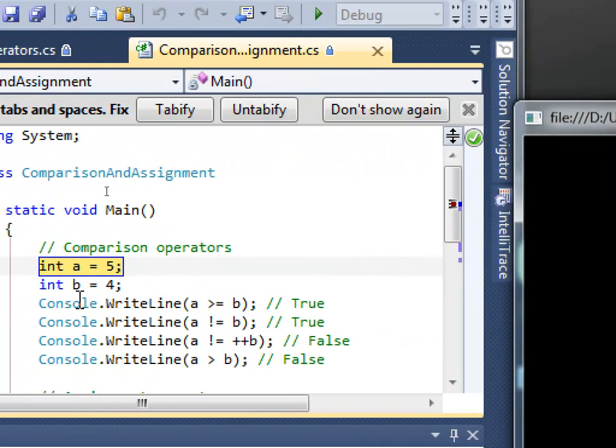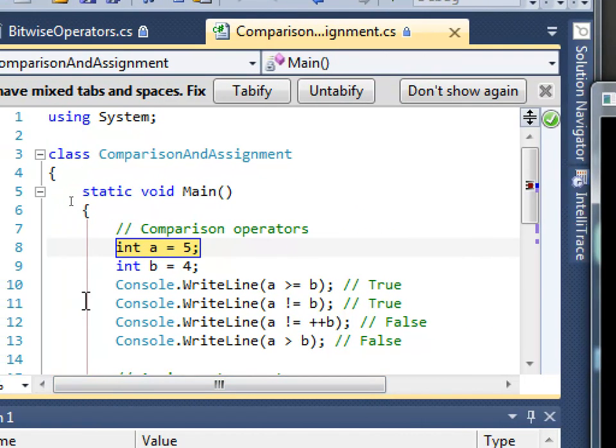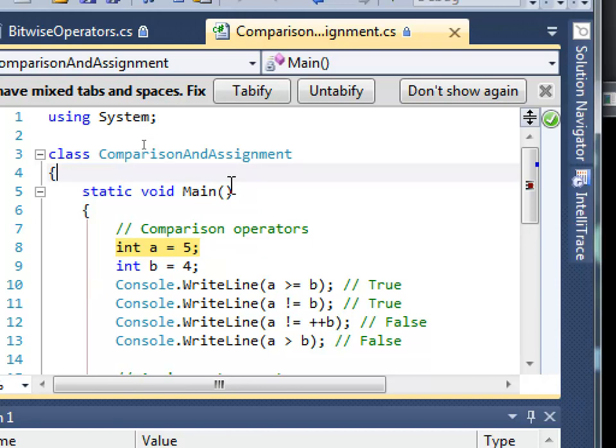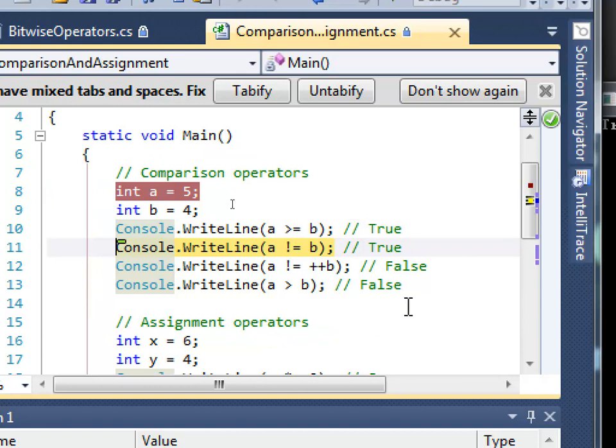So again, we have the two numbers 4 and 5, and pretty simply what we have here is a check whether A is greater or equal to B, or A is completely not equal to B. Okay, what will happen here?